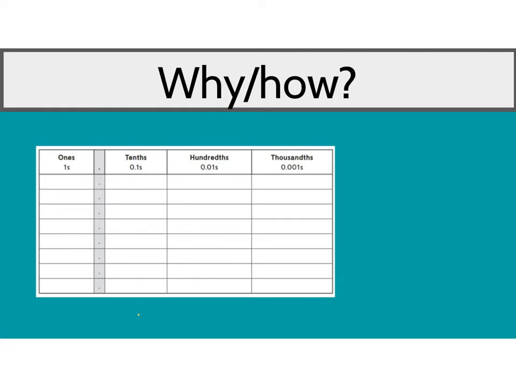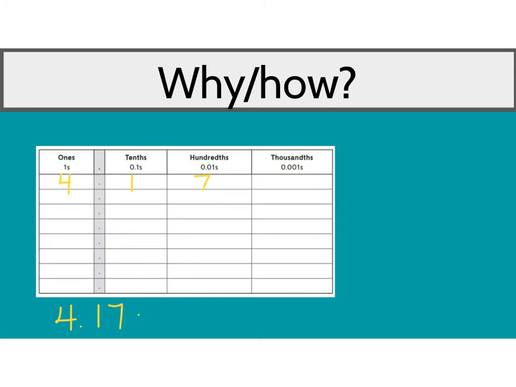So let's say that I have 4 and 17 hundredths. So if we were going to place that in the decimal chart here, or the place value chart, we would put a 4 in the ones place, 1 in the tenths place, and a 7 in the hundredths place.